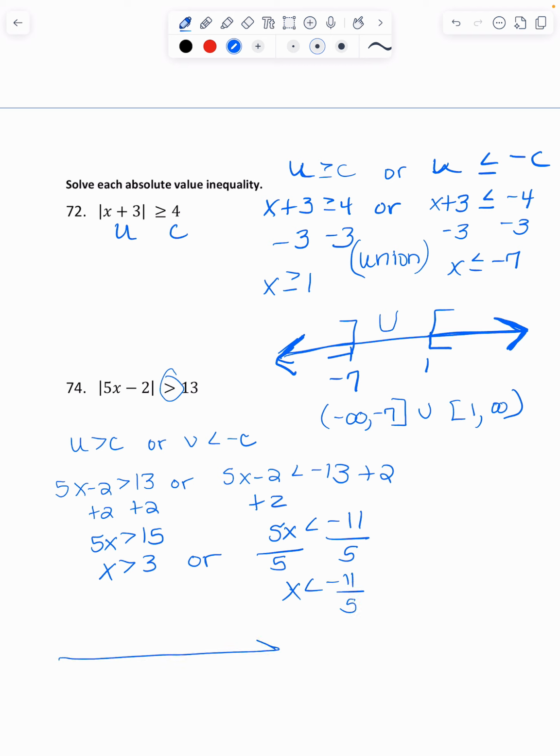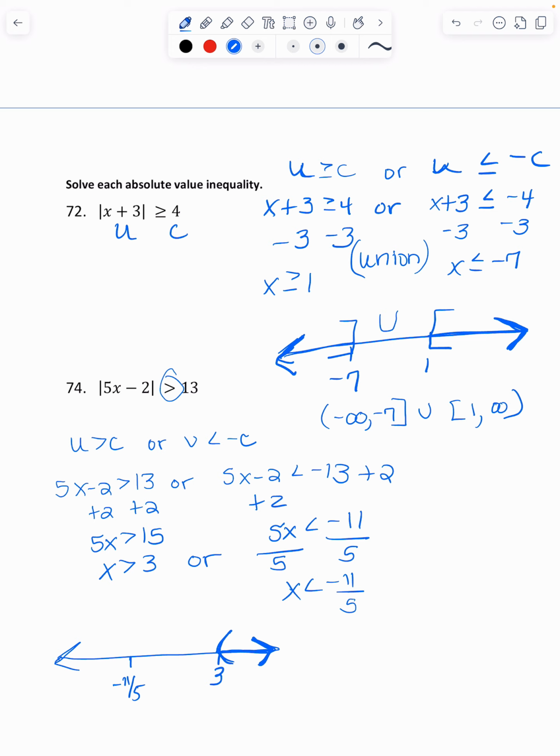So let's graph this answer. X is greater than 3. So I'm going to start at 3 with a parentheses, and I'm going to go in this direction. X is less than negative 11 fifths. It's a negative number, so I know it's on this side.